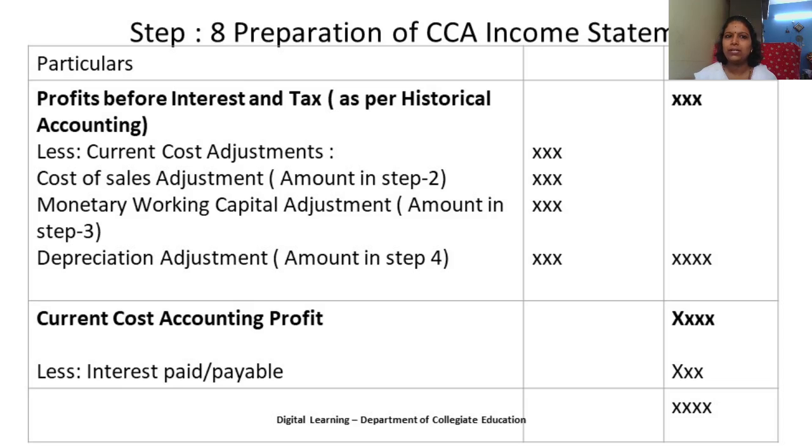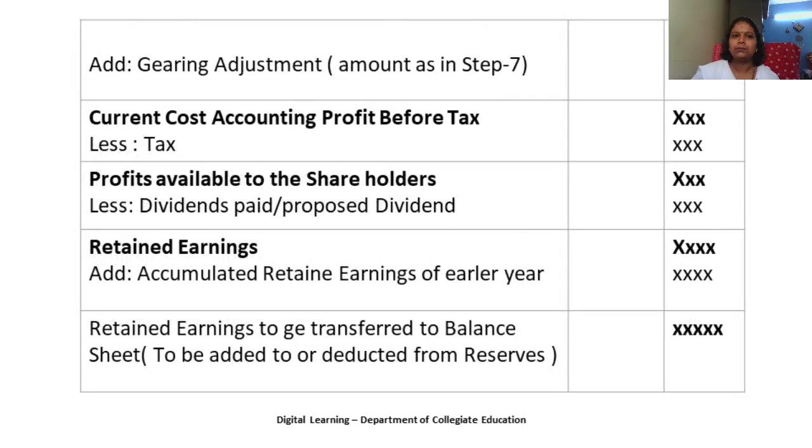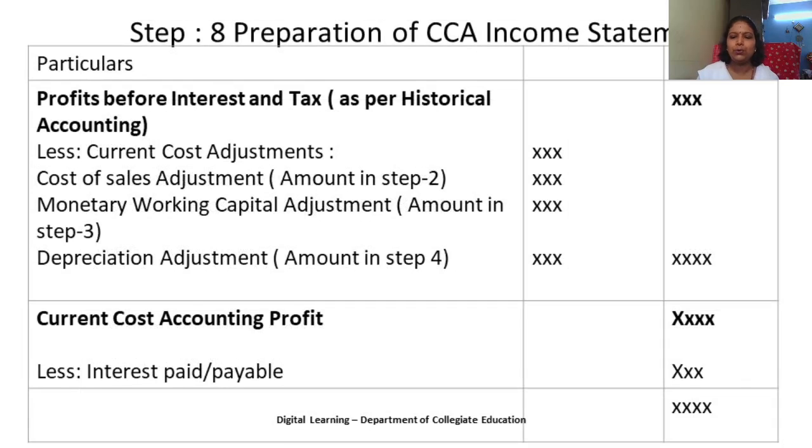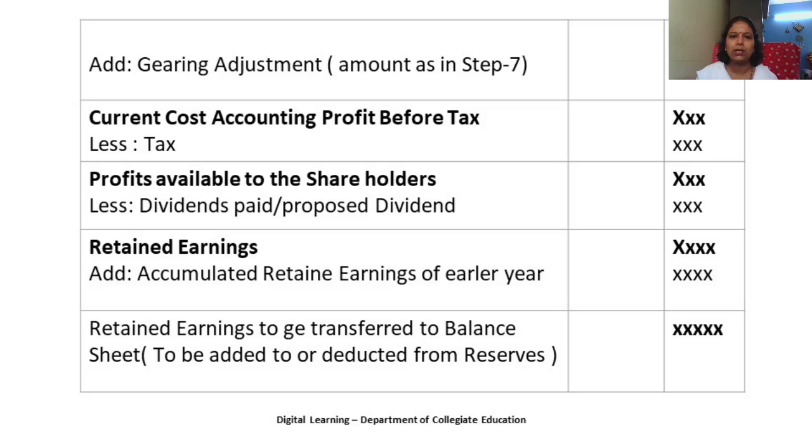So from profits before interest and tax, minus all this, whatever you are getting is called current cost accounting profit. From this, less interest paid or payable. To that balance amount you have to add a few things. What are they?